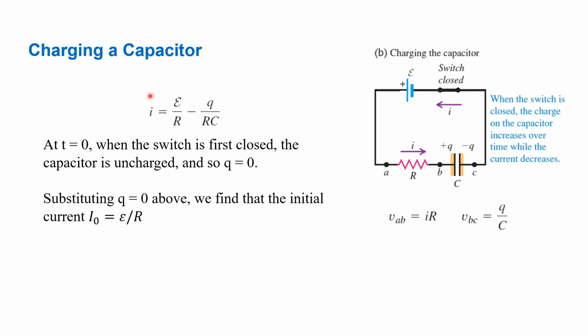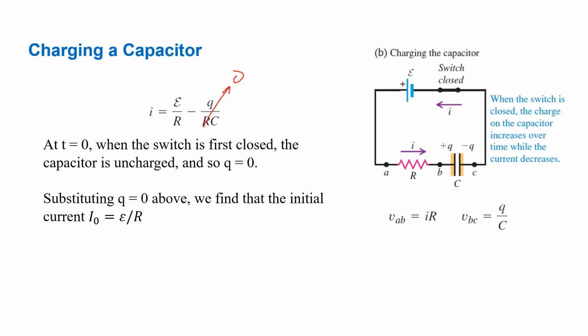And at time equals 0, when the switch is first closed, the capacitor is uncharged. So that means your Q is equal to 0. Again, only for the case of time equals 0. And substituting Q equal to 0 in this equation, we find that this term vanishes.